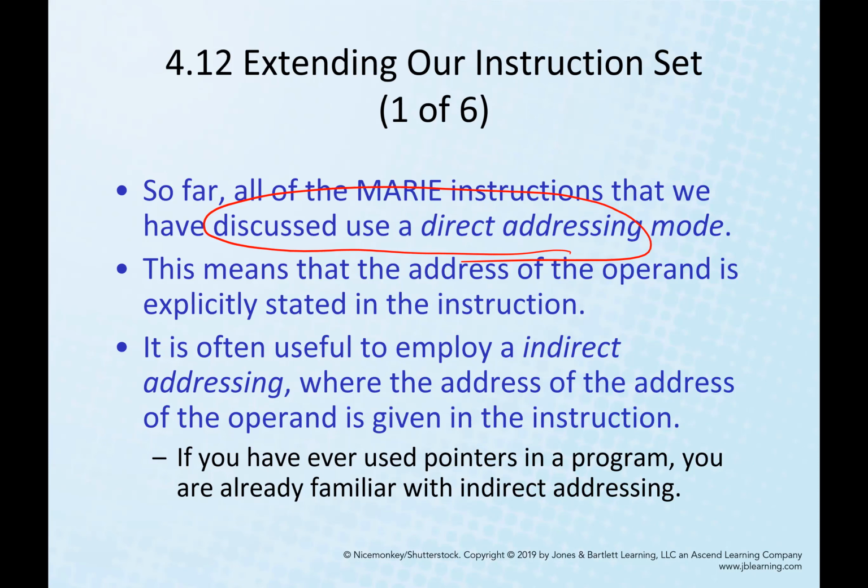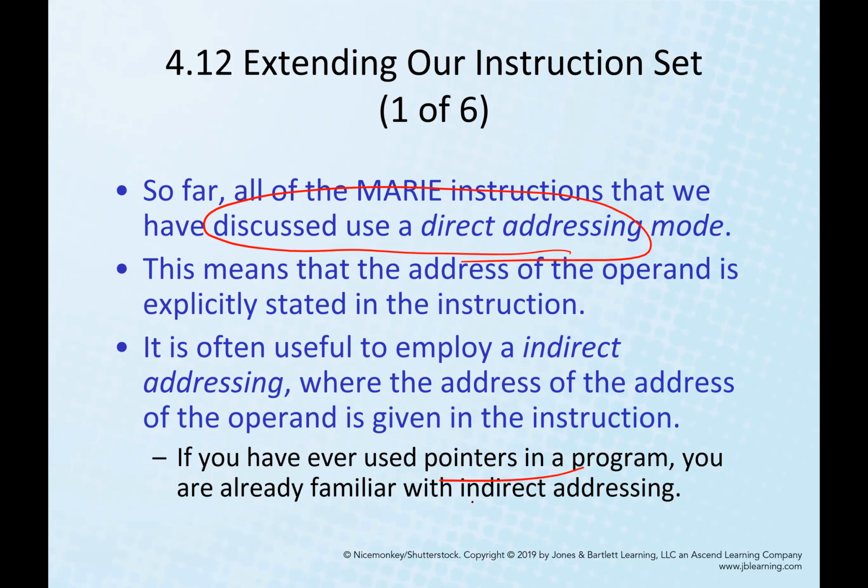But we have another type of addressing which is very important, and it is called indirect addressing. What does it mean? It means that the address provided in the instruction is the address of the address of the data, not the address of the data.